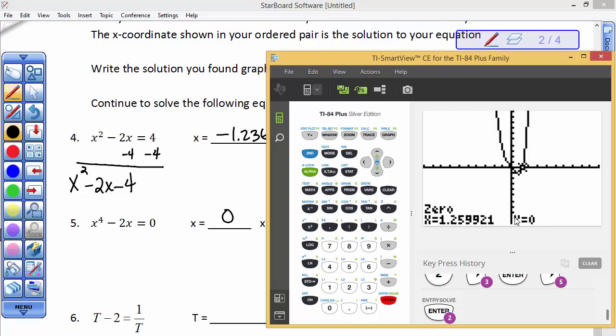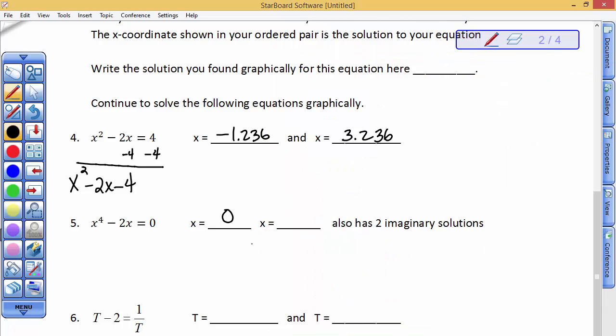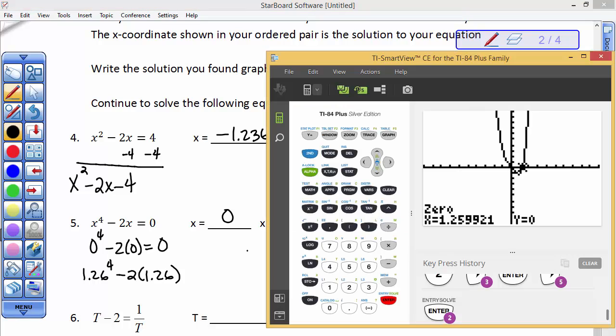And you know, of course, if I took 0 to the fourth power minus 2 times 0, I would get 0. But if I took 1.26 to the fourth power minus 2 times 1.26, that was my other solution, then I should get pretty close to 0. 1.26 to the fourth minus 2 times 1.26.